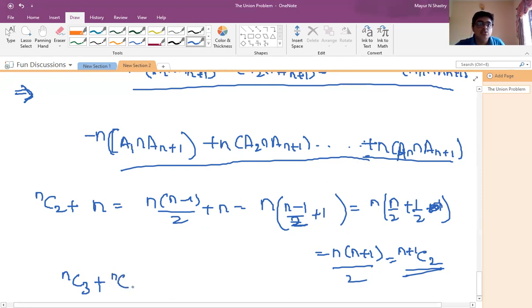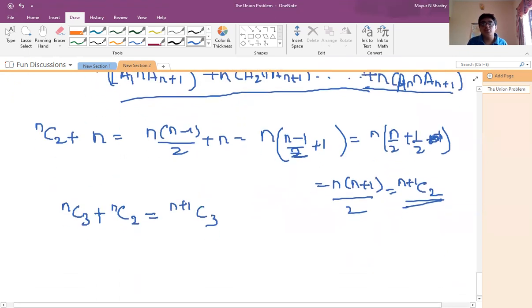So n choose 3 plus n choose 2, right? Because there are n sets and I need to take two of them. So this is n plus 1 choose 3, by using a familiar formula: n choose r plus n choose r minus 1 equals n plus 1 choose r.